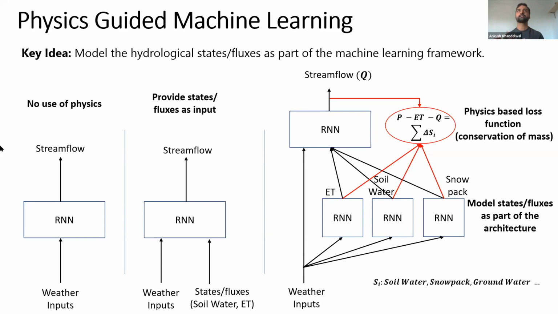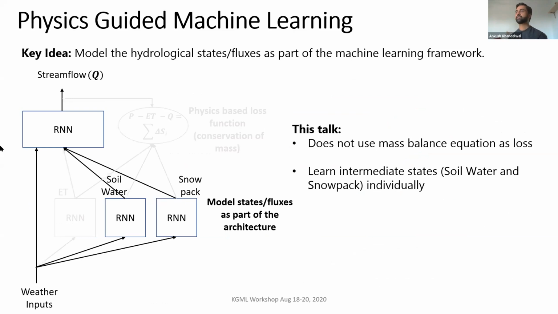So this is setting up the roadmap of what we are trying to evaluate or assess in this work. But in this talk, I'm going to show a small set of results based on a relatively simple variation of this architecture, where we are not going to use physics-based loss right now, and we are going to model these individual states separately and then pass them as input to our final module, which is trying to estimate streamflow.